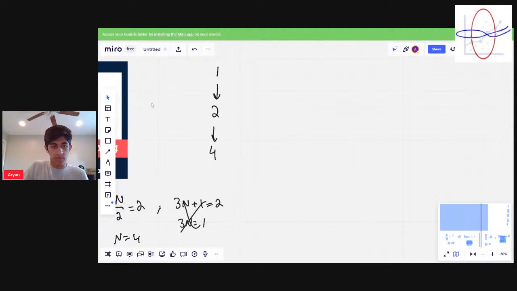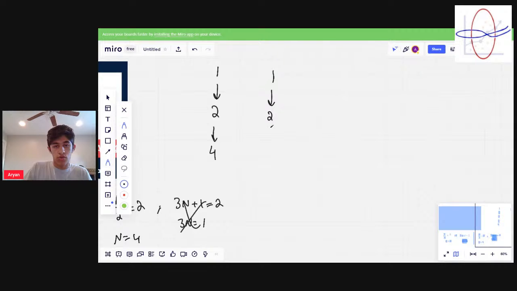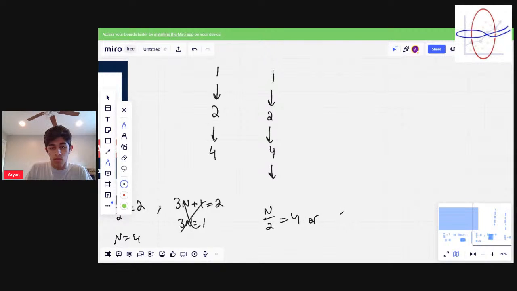Okay, so this is the process that we're going to follow. If we make some more space, let's write this again: 1 goes to 2, goes to 4. Now from 4, we do the same process. We get n over 2 equals 4, or 3n plus 1 equals 4.